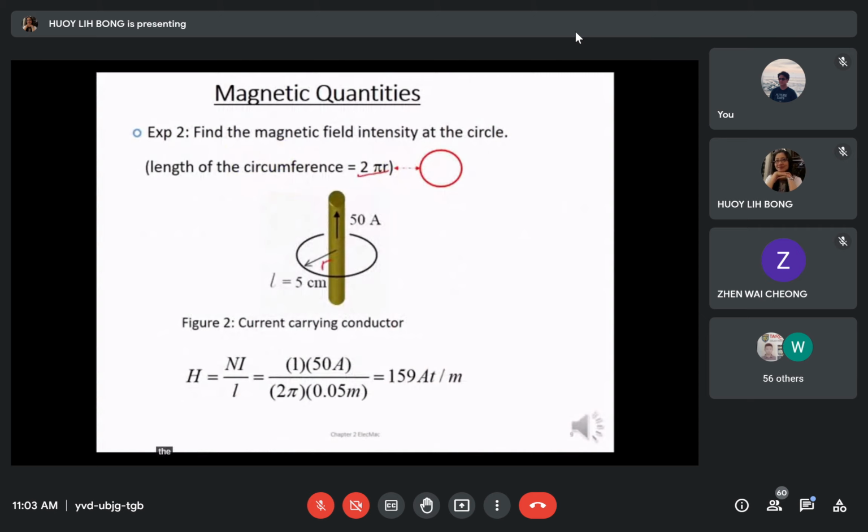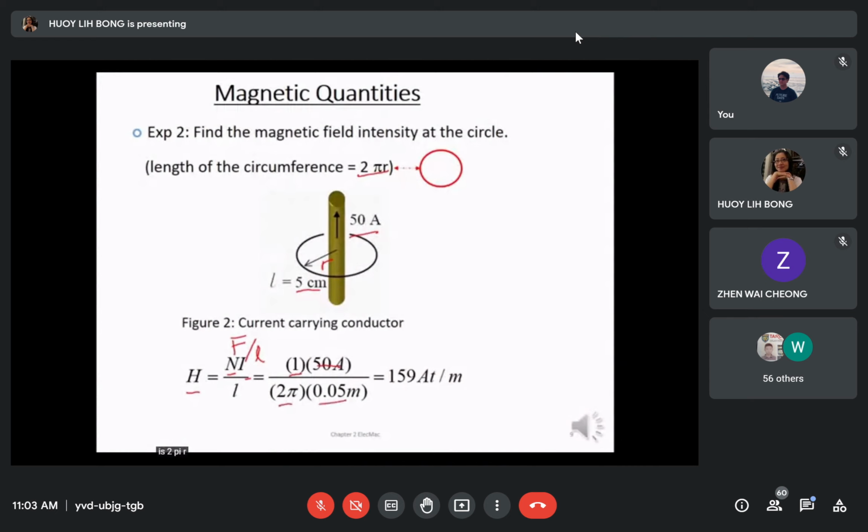The radius is given as 5 cm as shown. So to find the magnetic field intensity, it is F over L. We know the number of turns of the wire, which is 1, and the current is given as 50 amps, while the length is 2 pi r.